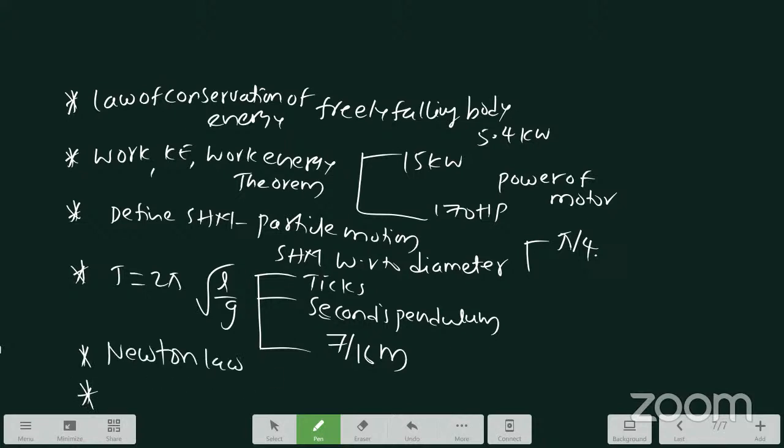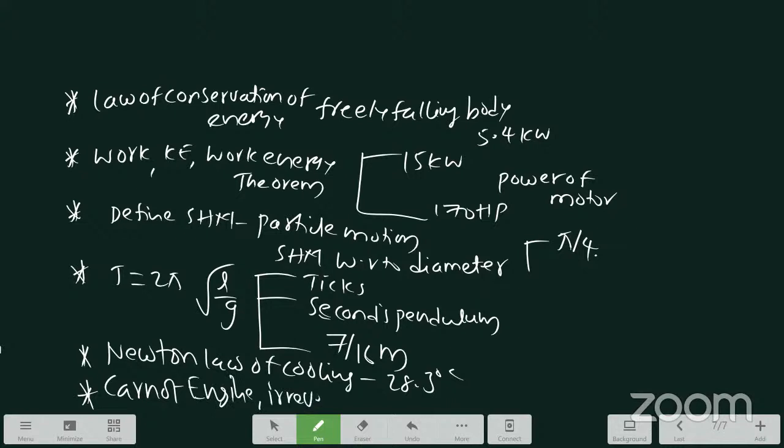Newton's law of cooling. Finally, you are reading minimum 4, maximum 6. Newton's law of cooling, surrounding temperature 28.3. Last one, Carnot engine, reversible and irreversible process. So, students, this is 6; if possible, you read 6.